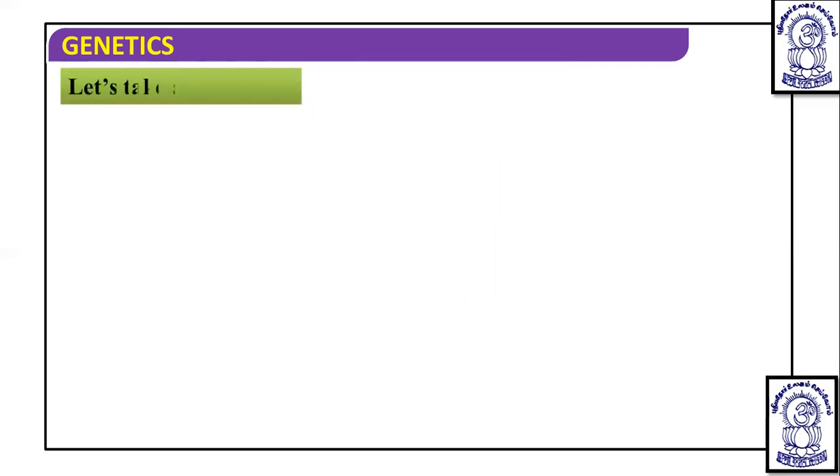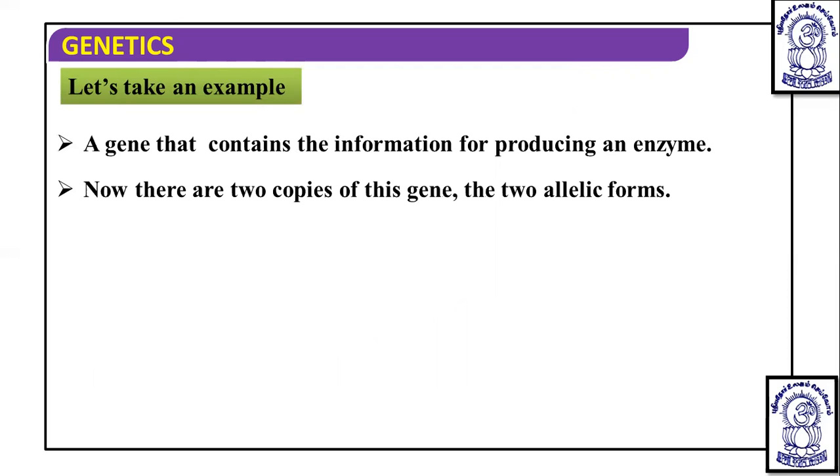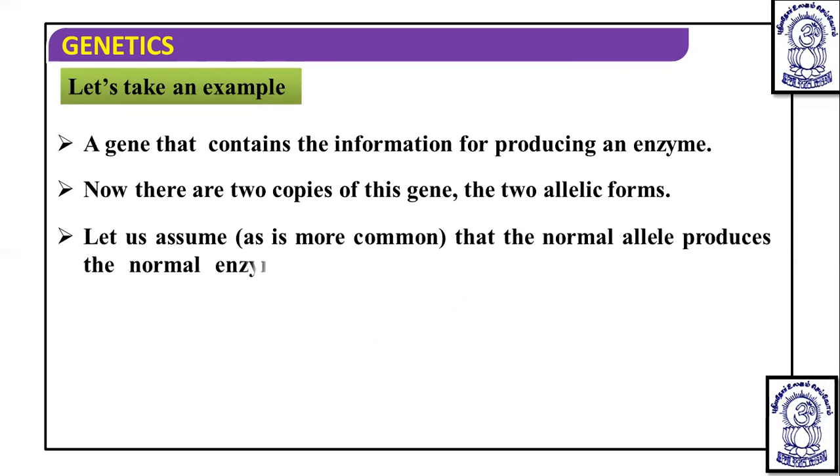So, if we take an example, suppose a gene contains information for producing an enzyme. Any enzyme is produced by a particular gene. Now there are two copies of this gene in two allelic forms.